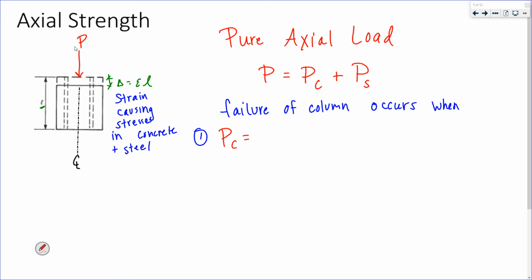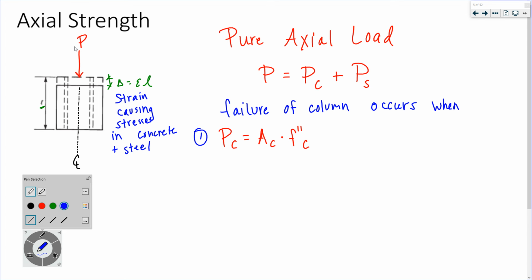So your column is equal, your Ac, that's your area of your concrete, times, and I'm going to call this f''c. Ac is your area of concrete.